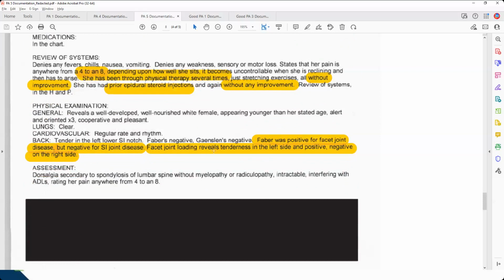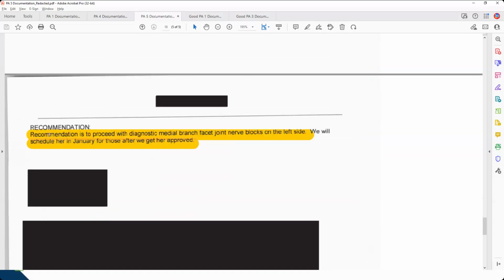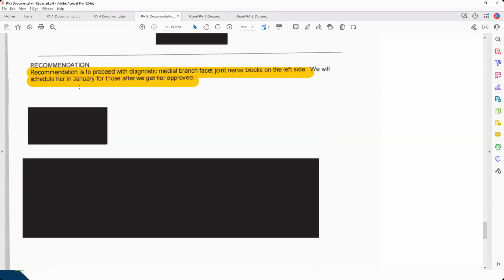The Facet loading reveals tenderness on the left side, positive, negative on the right side. The recommendation then is to proceed with diagnostic MBB joint nerves on the left side, and that they're wanting to schedule her in January, which coincides with the date of their request.